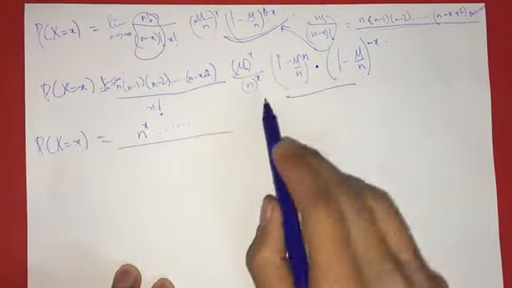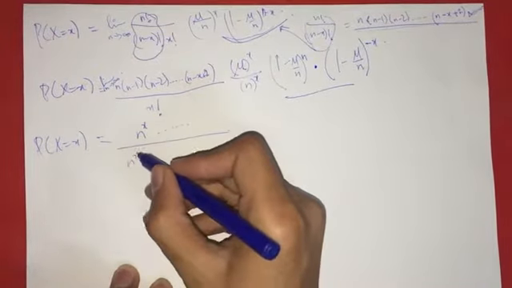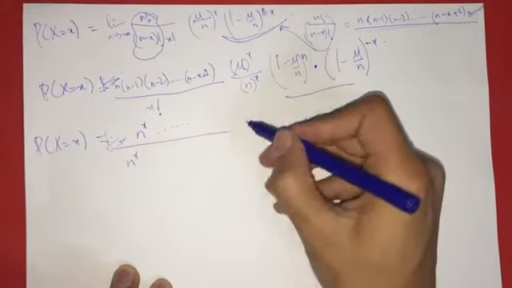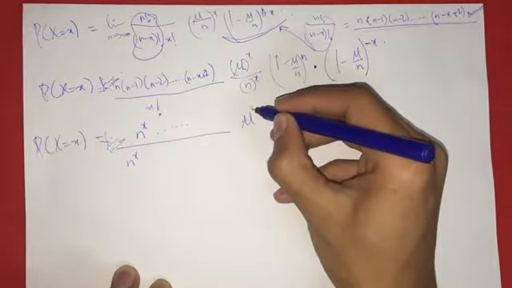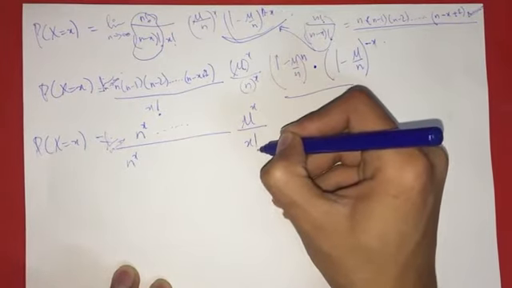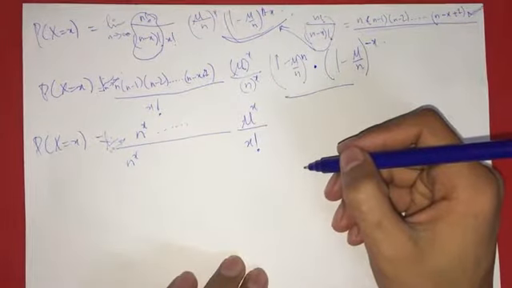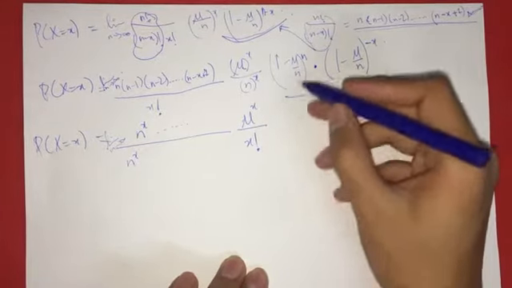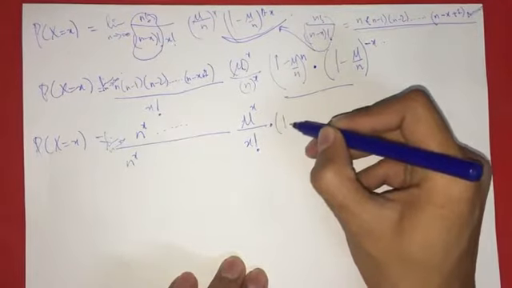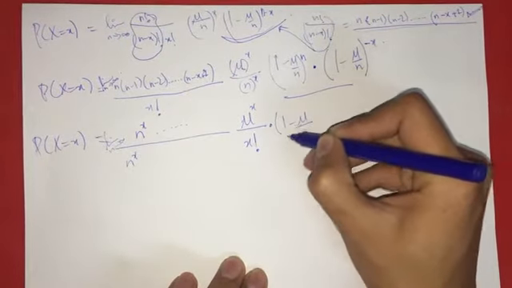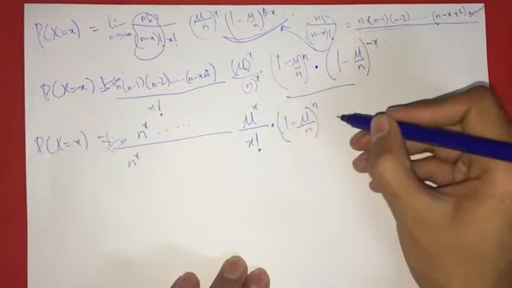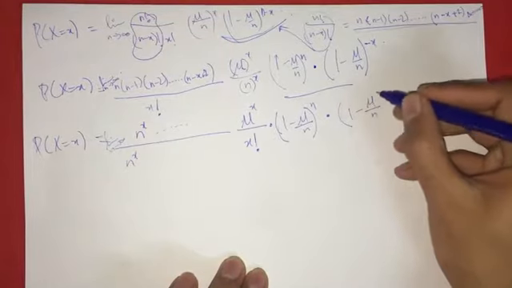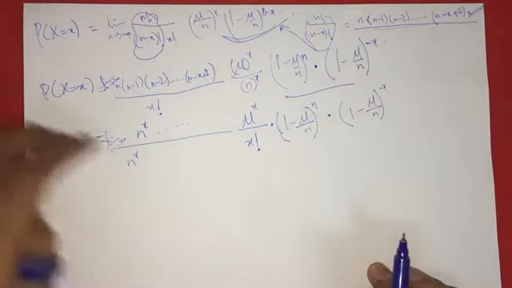I'm going to shift this term here, so you have n power x by n power x, limit of n approaches infinity, and you have mu power x divided by x factorial, and you have 1 minus mu by n power n, and then you have 1 minus mu divided by n power minus x.